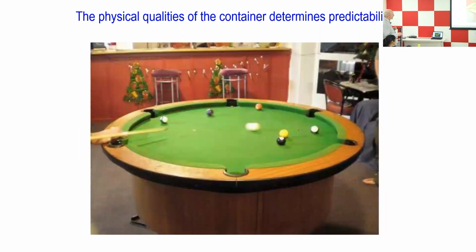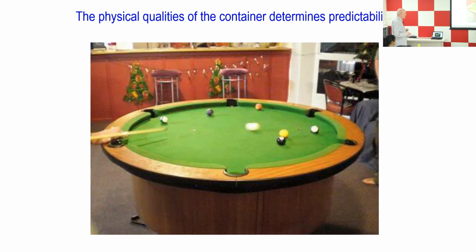But if you use a different table, then things become more difficult, because you enter into a chaotic situation. Chaotic situation means that very, very small differences in the parameters of the hit of the ball in one of the sides will have later tremendous consequences. And therefore, you hit this ball into this one and to the other, and ladies and gentlemen, no one can predict what's going to happen, right?